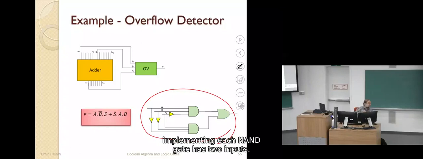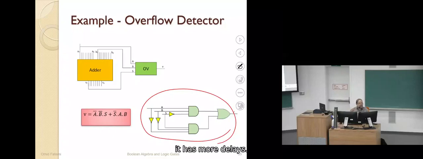Each two-input NAND gate has 4 transistors, and every two-input AND gate has 6 transistors inside. So it means that it takes more space than NAND, and also has more delays because it has more gates.